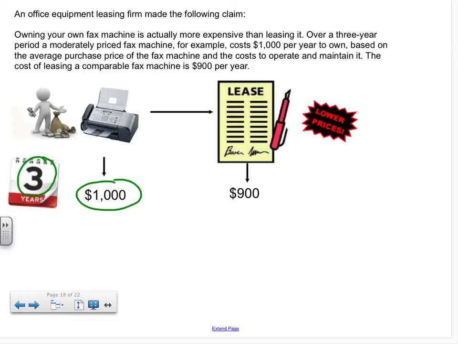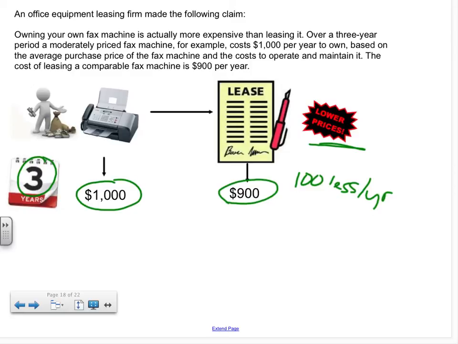Based on the average purchase price of the fax machine and the cost to operate and maintain it, the cost of leasing a comparable fax machine is $900 per year. So effectively, they're saying that leasing is a cheaper option over a 3-year period. Every year, it would cost $100 less to lease, which is why they're making the argument that it's cheaper.